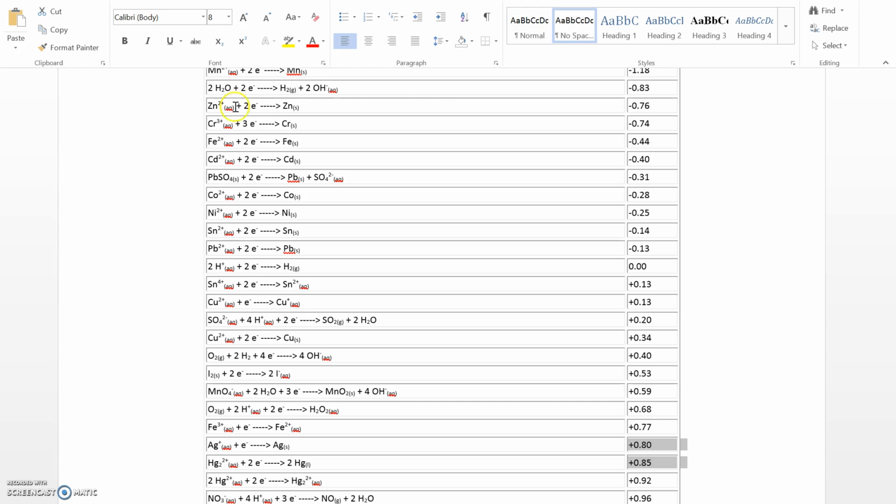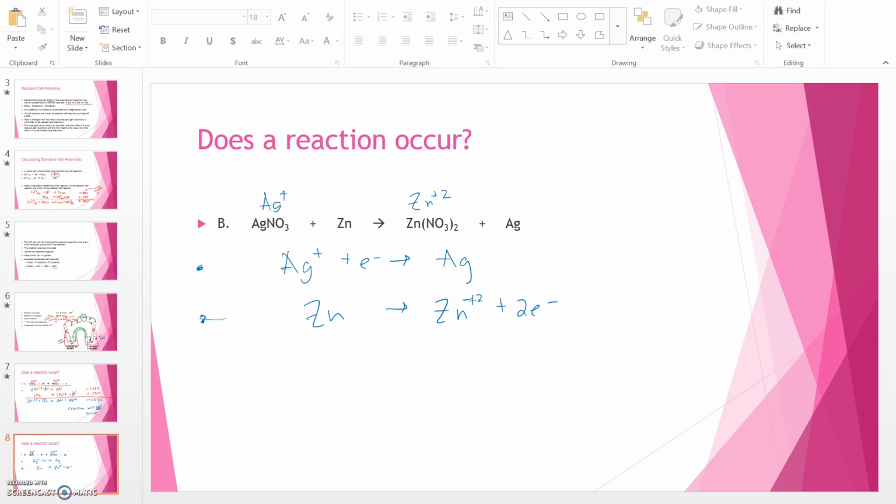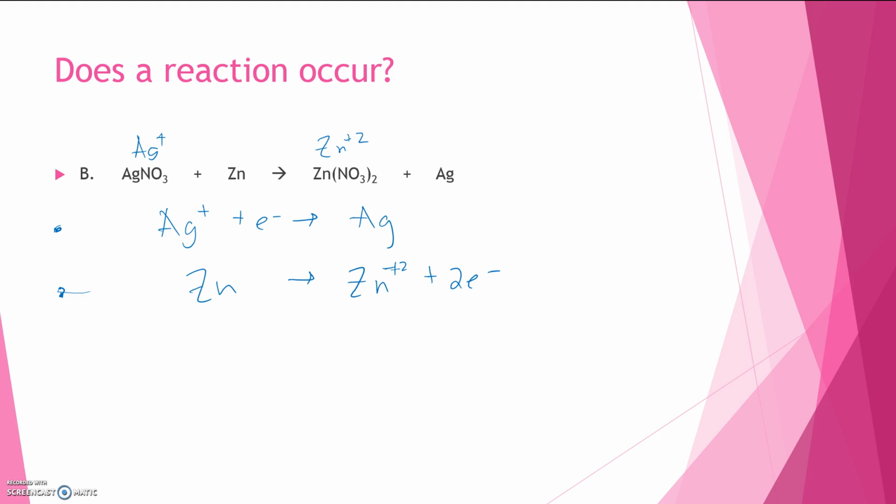My pen isn't indicating it. There we go. It's up here. So this is the one that I'm going to reverse. So it's negative 0.76. I'm going to make it positive 0.76. So we had said this one here was 0.80 volts, positive. This one had been negative 0.76, but since I reversed it, it's positive 0.76 volts.